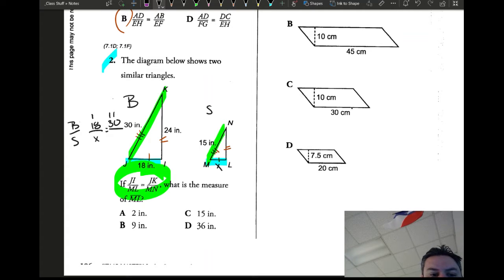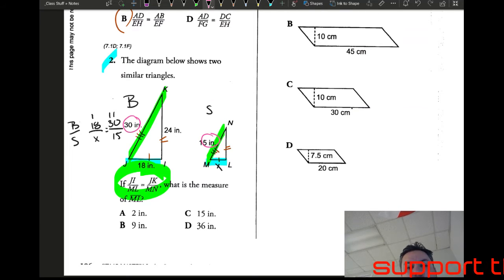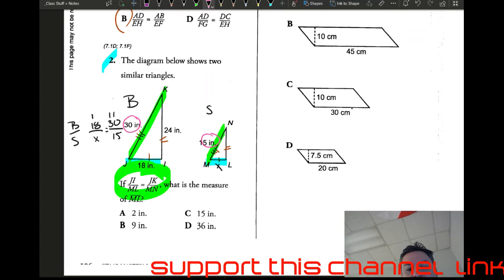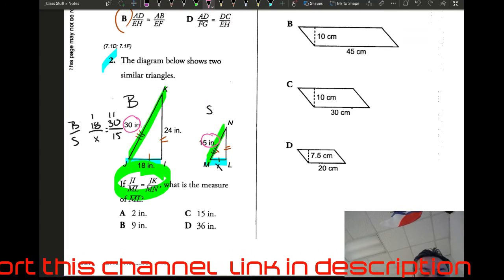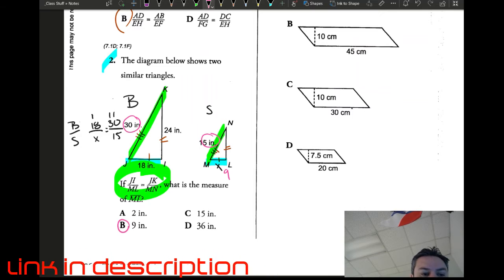And S2 is 15. Now I can just go ahead and find it. Now, before you do the cross products, you can do one thing. Remember when we're doing scale factors, we're either multiplying or dividing. What happened between 30 and 15? It got smaller. By what? By 2. So if you divide 18 by 2, my answer is going to be 9. So the answer should be that one.